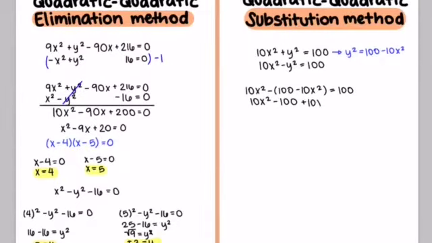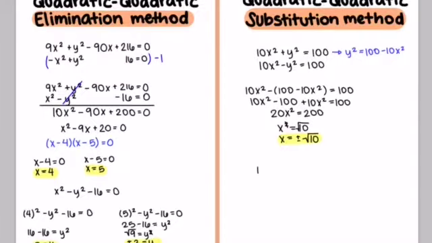Now we're going to divide 200 by 20, which gives x squared equals 10. Now, to eliminate the square, we take the square root of 10, which eventually gives us x equals plus minus square root of 10.